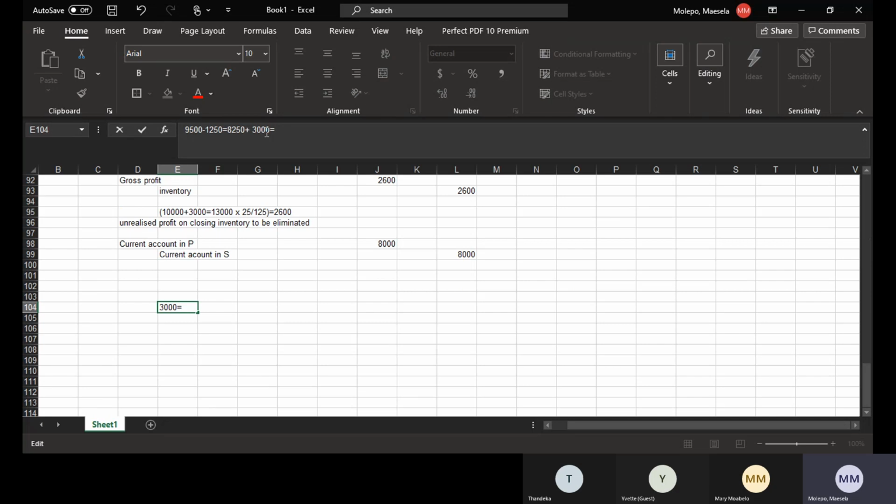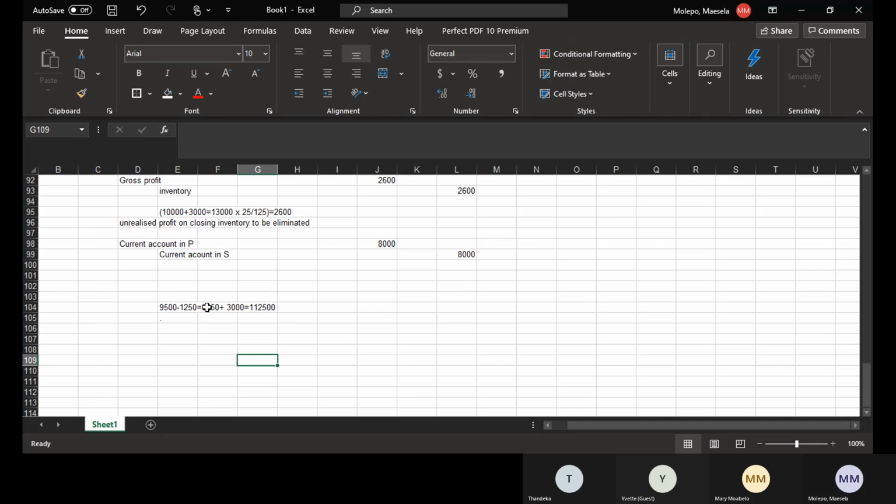So that's how to arrive at that 11,250. I guess everyone understands that portion. If you need clarity, please notify me before I pass. So I believe everyone understands how to arrive at that 11,250.